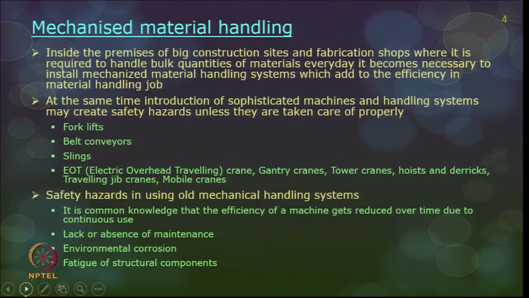So, a lot of these mechanized means of material handling are feasible in construction site, which will be faster, quicker. You can also eliminate the ergonomics hazard, or maybe the workers are exposed to handling cement or concrete. So, you can eliminate all those ergonomic hazards and other chemical hazards with regard to those substances.